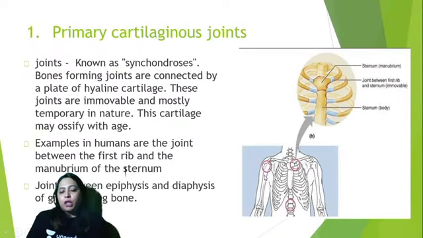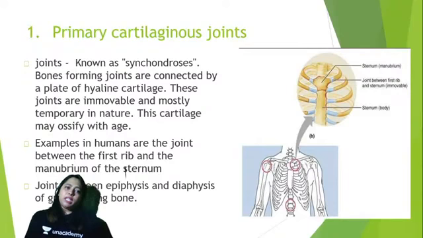And that completes the growth of the bone, or complete ossification takes place there. That bone no longer grows, and the growth is stopped at that age. This kind of plate is also an example for primary cartilaginous joint. So you should remember epiphyseal plate is an example for primary cartilaginous joint.